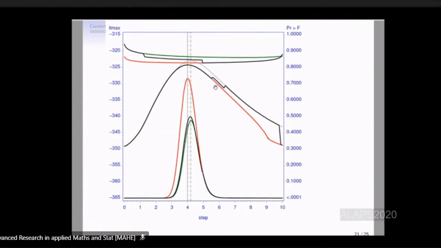The middle curves here are for the restricted model. Remember, this is the likelihood function that I'm interested in. I want to see where its maximum is and see where the maximum of the p-value is. These are p-values, and the p-values are all computed from the full model likelihood function, basically.